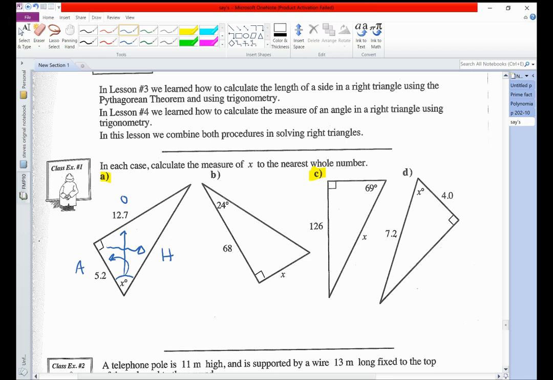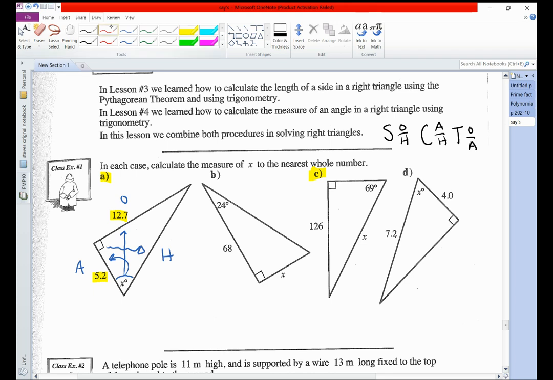There's a bit of a lag in my pen, I apologize. So we're trying to find this angle. We are going to use one of our trig ratios. I'll write my SOHCAHTOA at the top over here. Now I have to figure out which two sides I have. Well, I know my opposite and I know my adjacent.